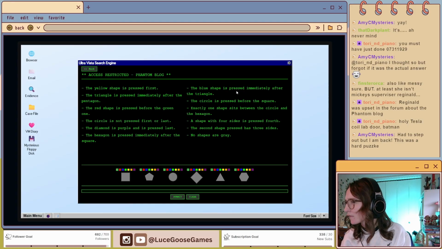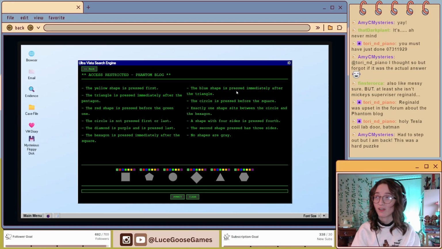Okay. They're not telling me much about colors here. But from what I can tell, because we know the 2 colors on either side of the triangle, we know that the triangle cannot be red or green because the red shape is pressed before the green.